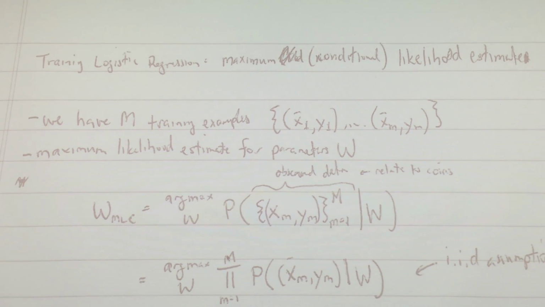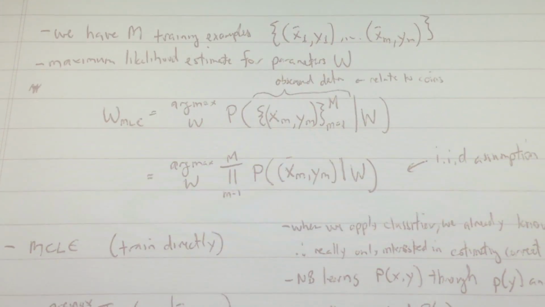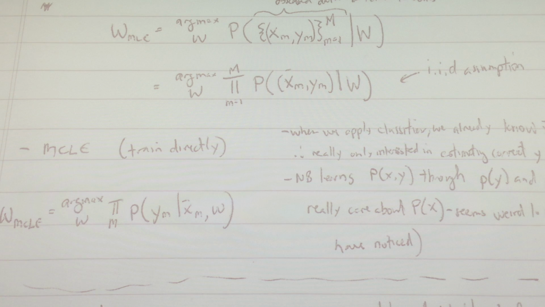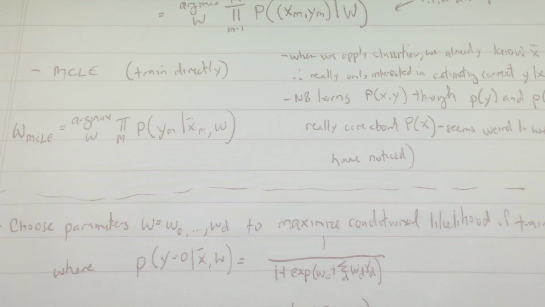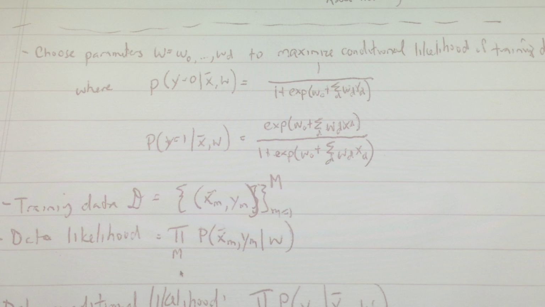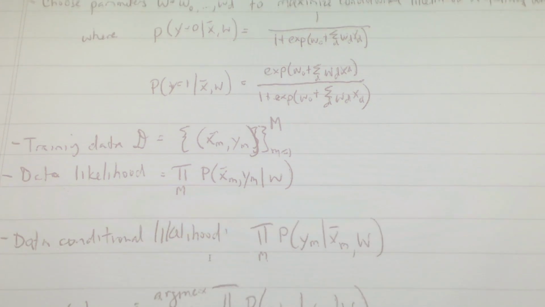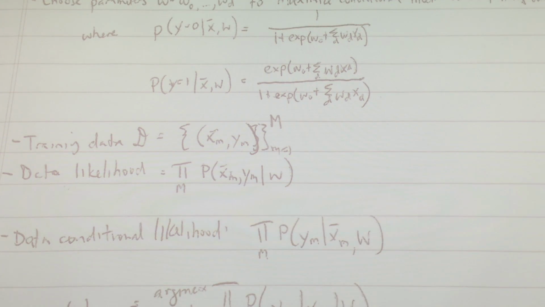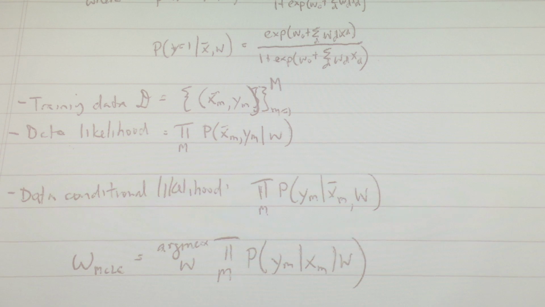Okay, so in doing logistic regression, we want to get the maximum likelihood, or the maximum conditional likelihood estimate. So we have our data, and the issue is even though this is a convex function, there's no closed form. This is my data conditional likelihood.